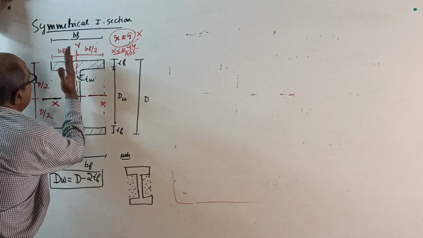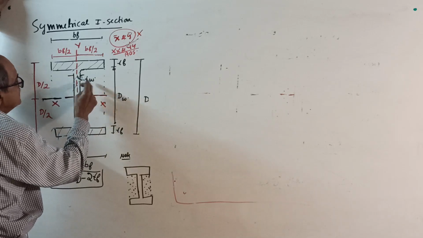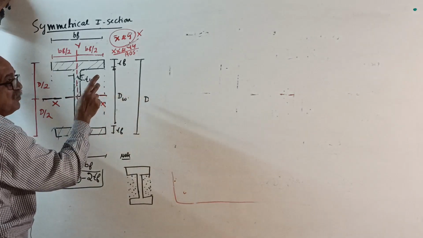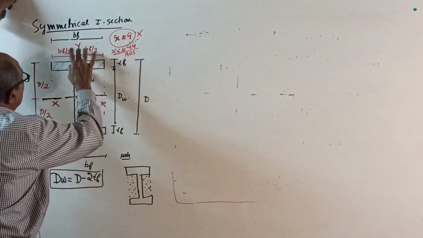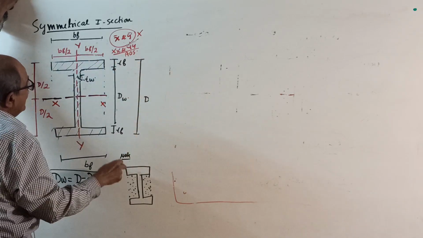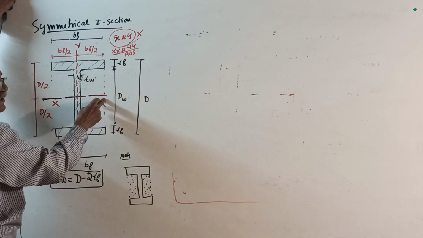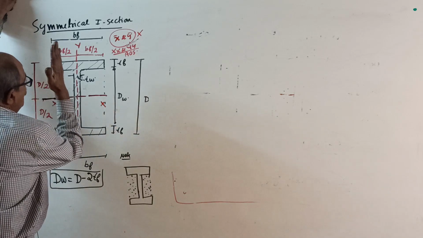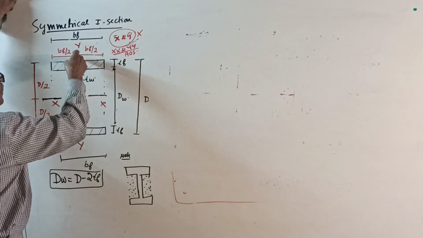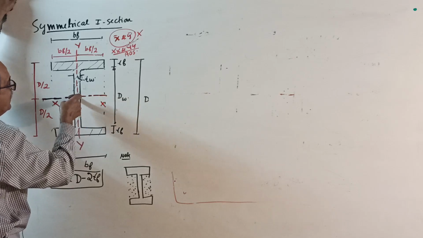For YY it is not that way. For XX, it is the axis for the full rectangle, and XX is also the centroidal axis of the empty one. But for IYY, YY is the axis for the full rectangle, but for the empty one, YY comes here, not here.